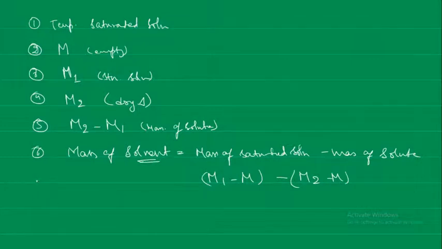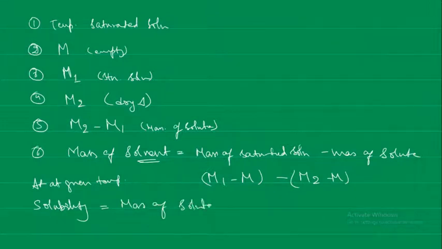Now, what is the equation of the solubility at a given temperature? It is nothing but the mass of solute by mass of solvent into 100.